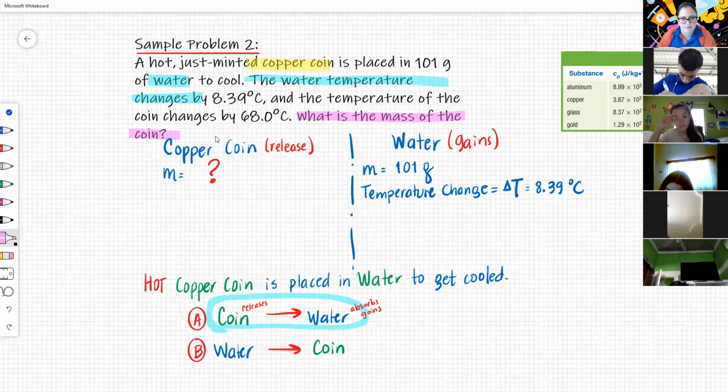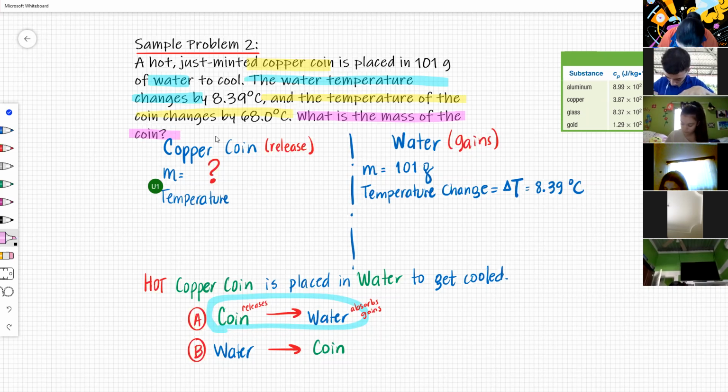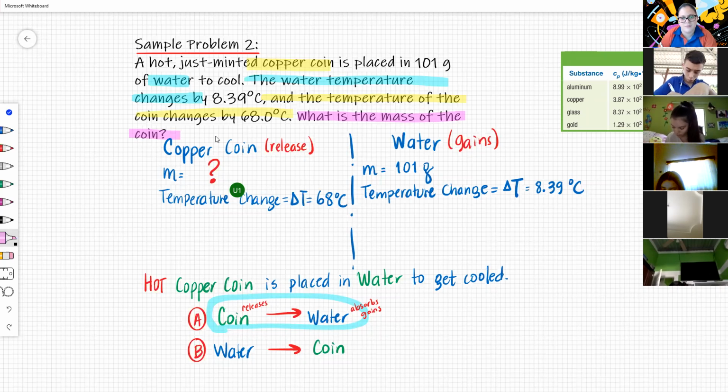It is written there in the problem. Then it says the temperature of the coin changes by 68 degrees Celsius. So that means that the temperature change for the copper coin is delta T equals 68 degrees Celsius.